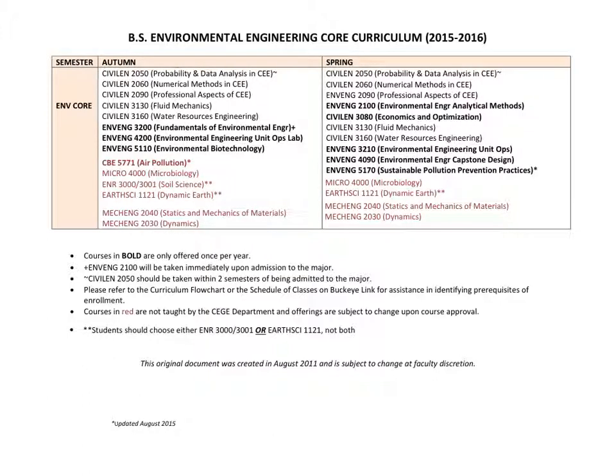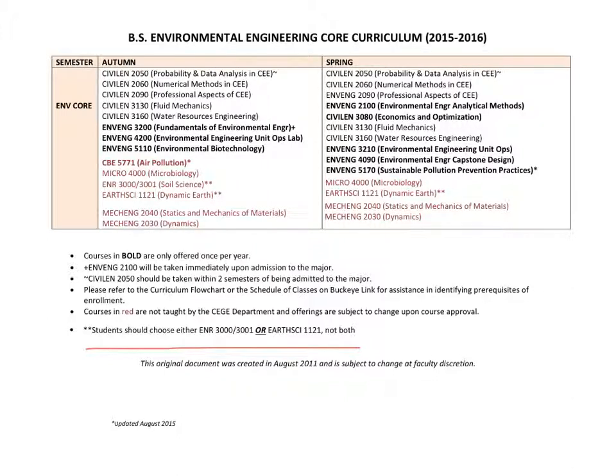Just let us know. It's also really important to know that you would choose either the soil science class or the earth science dynamic earth class as one of the core courses, but not both. If you choose the soil science class, you do have to sign up for the lecture, which is the 3000 class, and the 3001 class separately, whereas the dynamic earth class will not let you register for them individually.